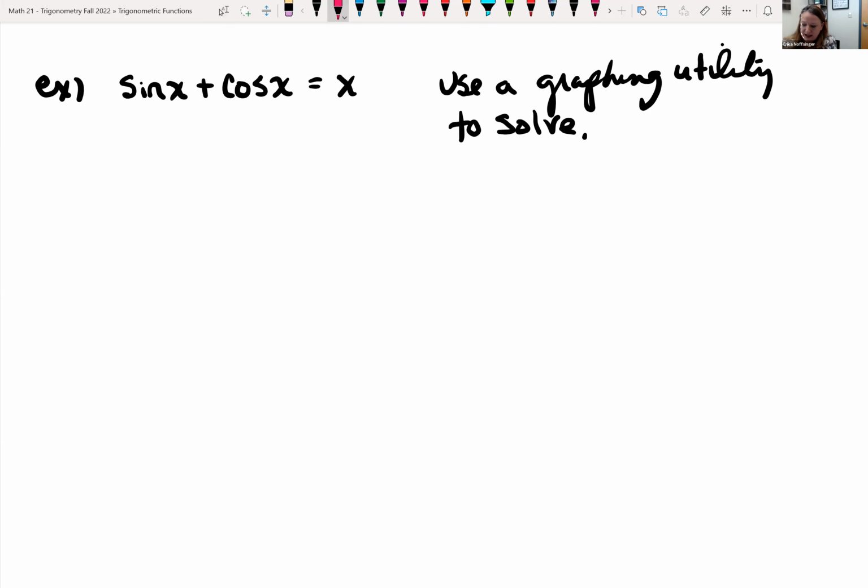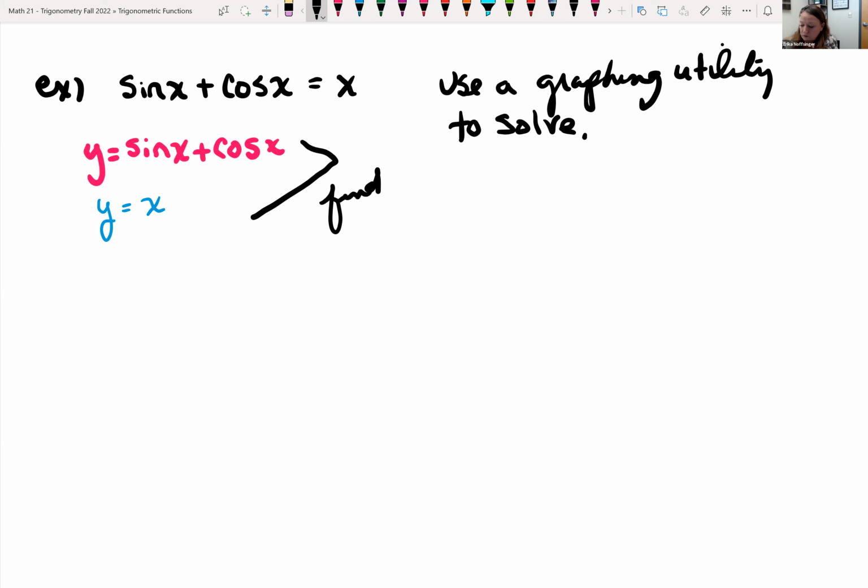We could look at y equals one side of the equation, sine x plus cosine x, and y equals the other side of the equation, which is x. And we want to look at the point or points of intersection. The x values where those are intersecting are going to be solutions.